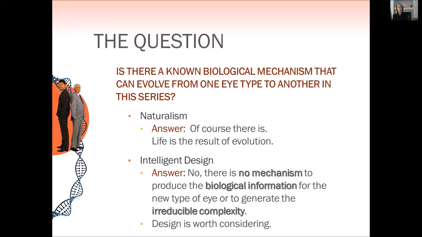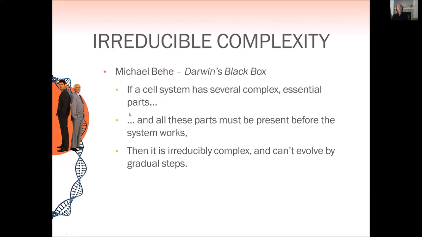But if you are from the intelligent design movement, you're going to say, no, there is no mechanism that can produce the biological information that is needed to evolve a new type of eye. There is no mechanism to generate something called irreducible complexity. Design is worth considering. Well, what is irreducible complexity?